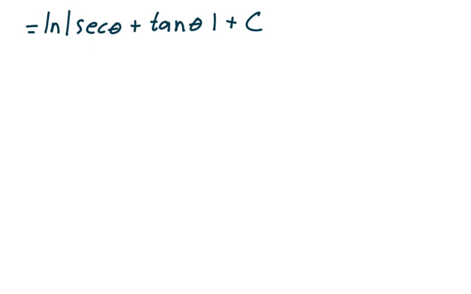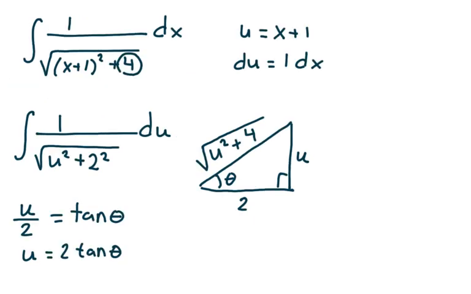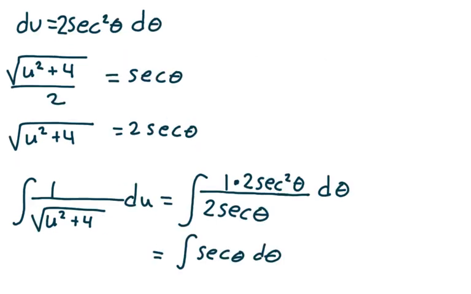And so this is equal to the natural log of secant theta plus tangent theta plus c, right? But remember, secant theta, if we go back, is the square root of u squared plus 4 divided by 2.